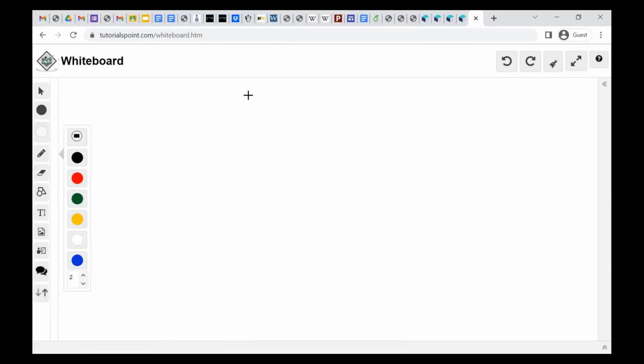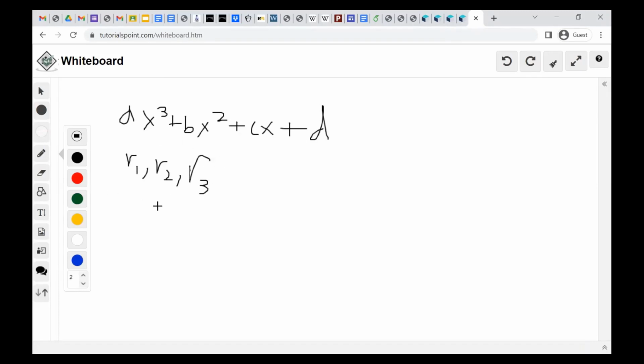For example, if we have ax cubed plus bx squared plus cx plus d, then let's say it has roots R1, R2, and R3, which it must have by the fundamental theorem of algebra.